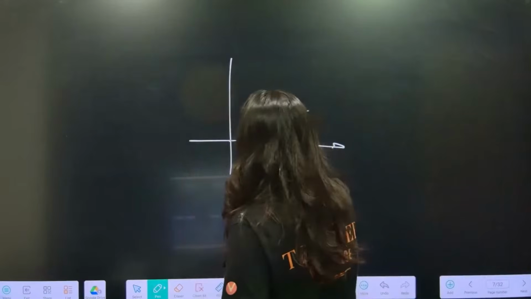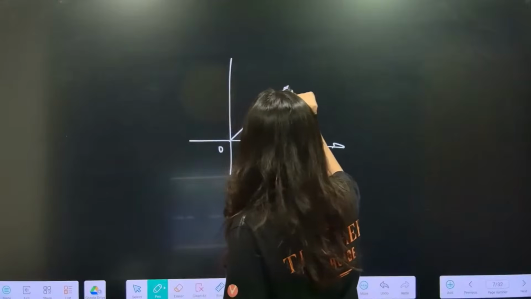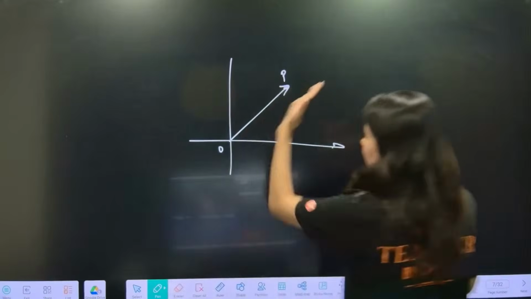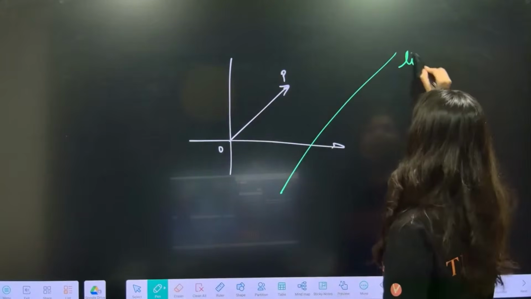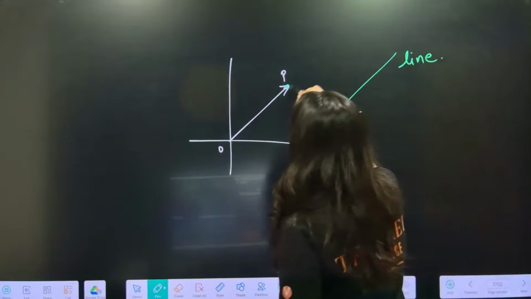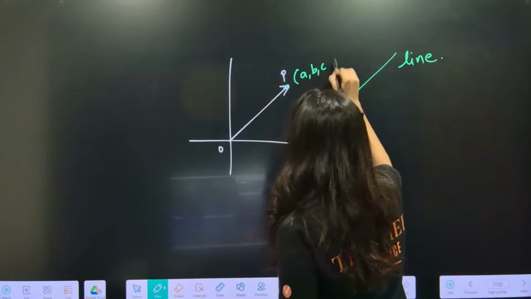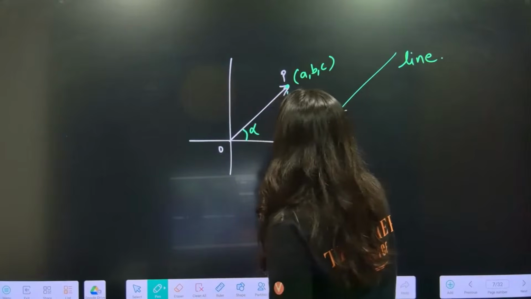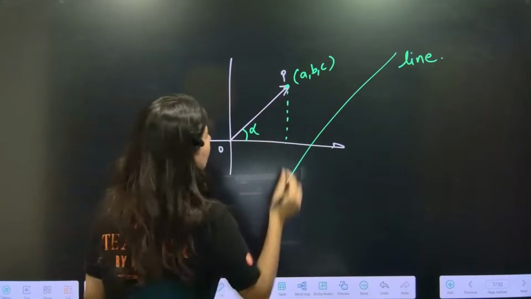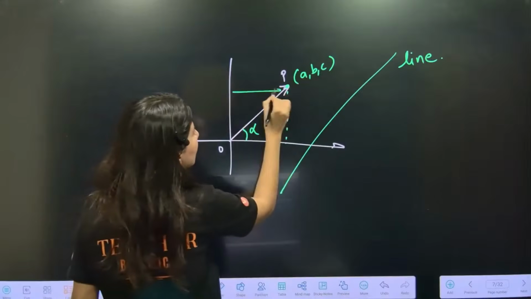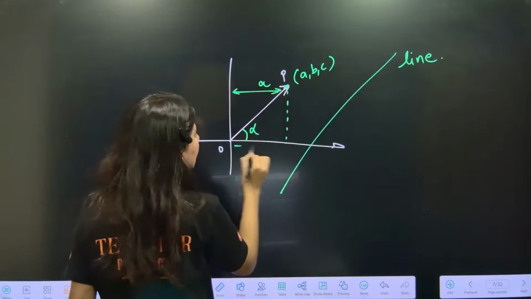Now suppose you have this vector OP, in parallel with your line. The point P is (A, B, C), and this is your alpha. Don't you think this length is A?